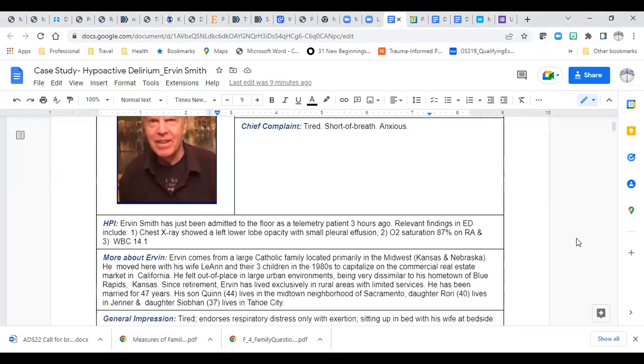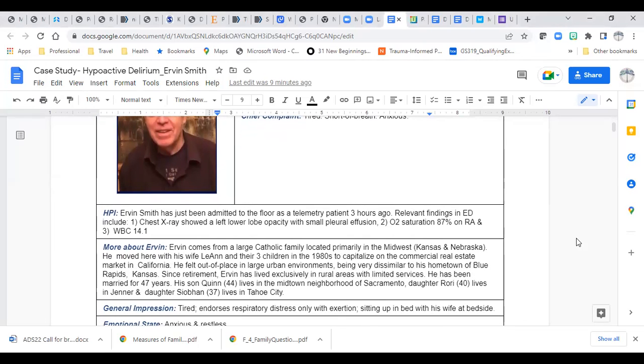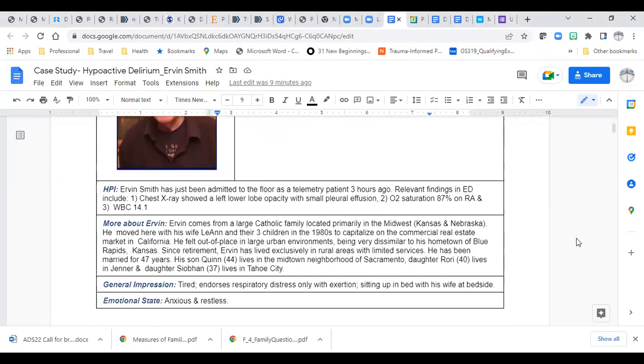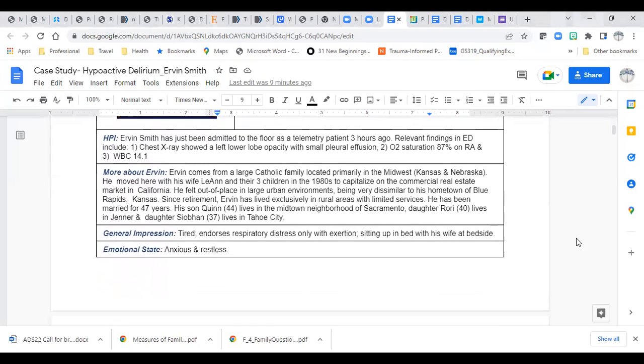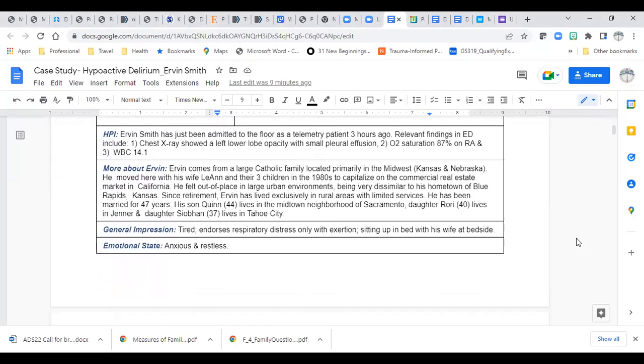But this case study is intended to give a comprehensive overview of who Irving is as a person, as well as his current medical chief complaint and comorbidities.